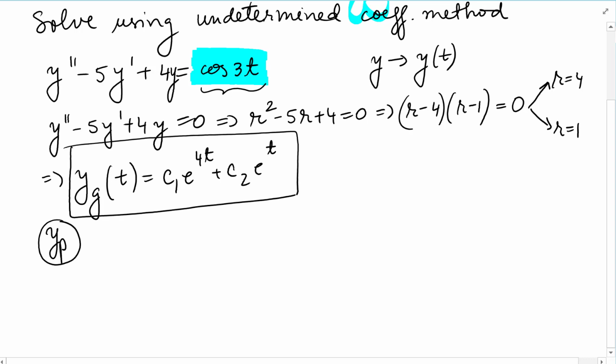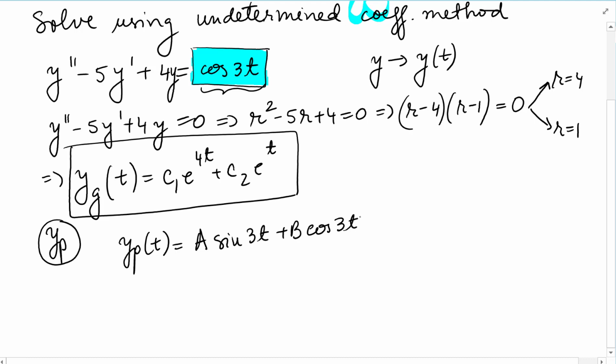Because we have cosine of 3t on the right, we should expect that the particular solution has the form A sine of 3t plus B cosine of 3t. Another reason why it has this shape and no other functions are involved is that when we found the r's, they were 4 and 1, so they didn't have anything in common with this 3 from here.